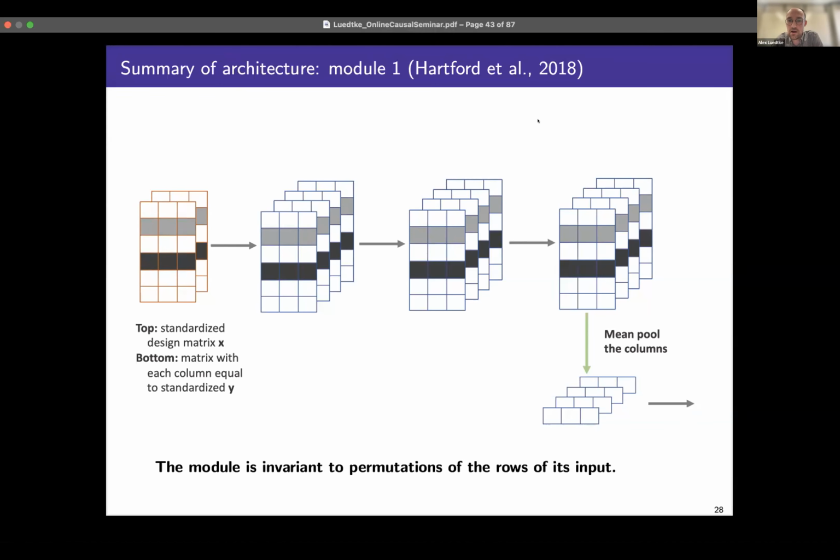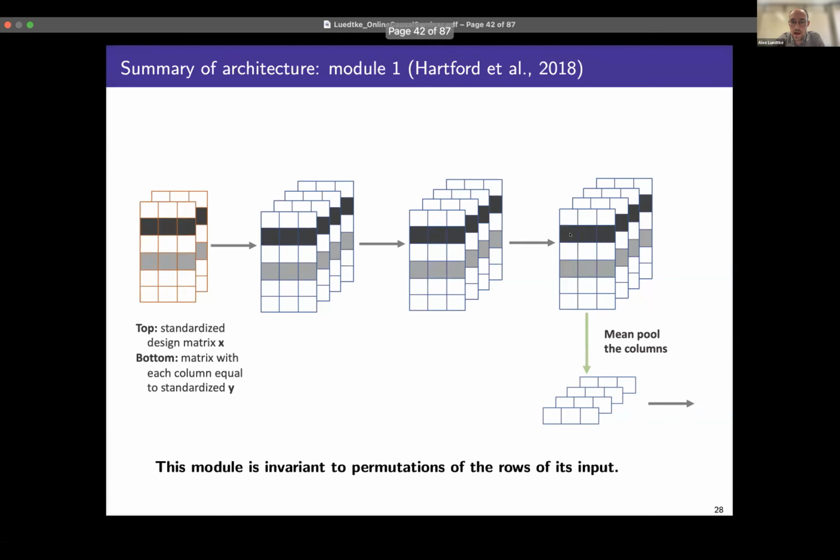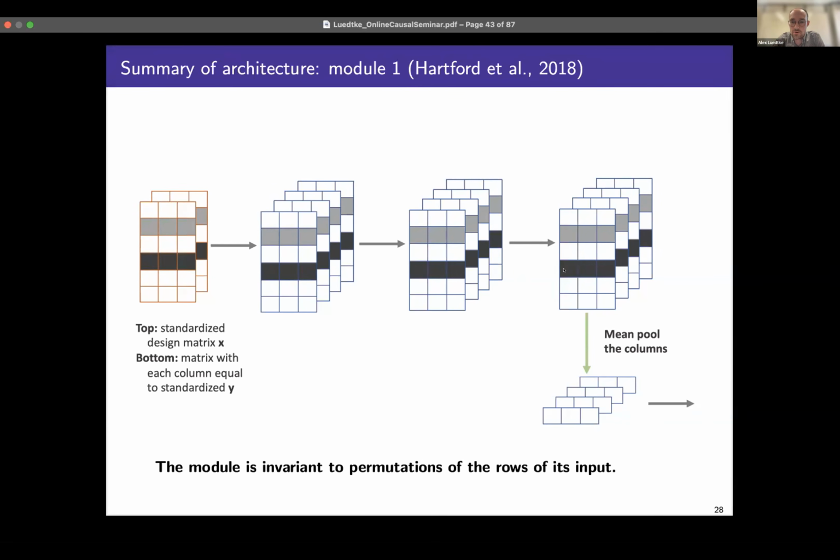So that's easy enough, and this can be done using the neural network layers introduced in Hartford et al. And then when I take the column means of this matrix, whether I put observation 2 here and 4 here, or 2 here and 4 here, it makes no difference. When I take the column mean, I get the same output. So in the end, the output of this first module is going to be invariant to permutations of the rows of my input.